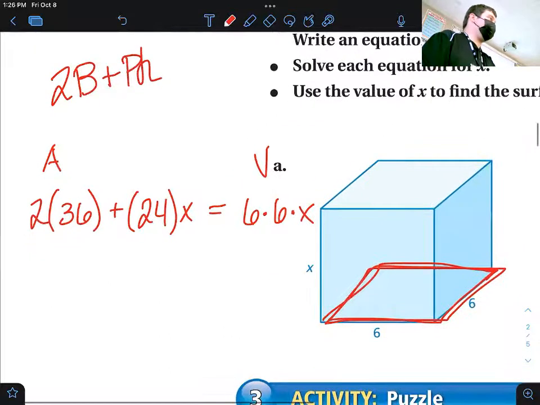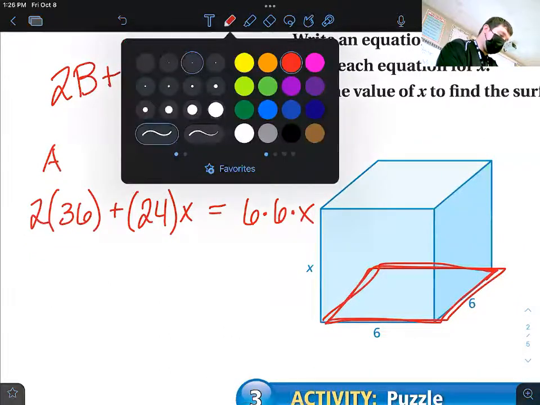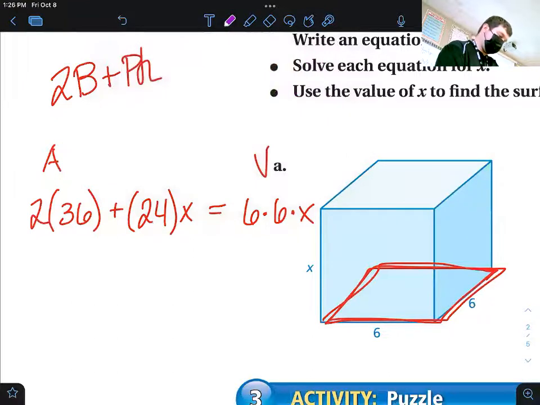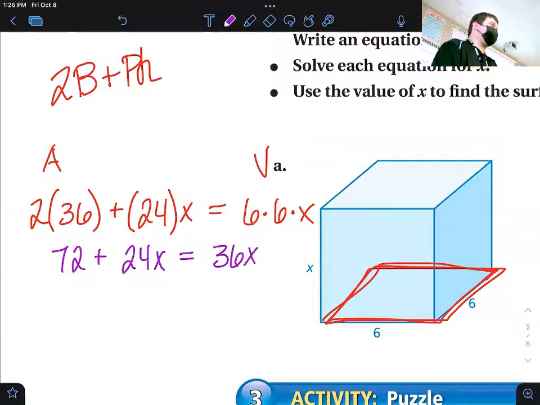Let's simplify both of these sides. Somebody tell me what 2 times 36 is. Anybody? 72. 24 times x, 24x. 6 times 6 times x, 36x. This is like the same one, isn't it?